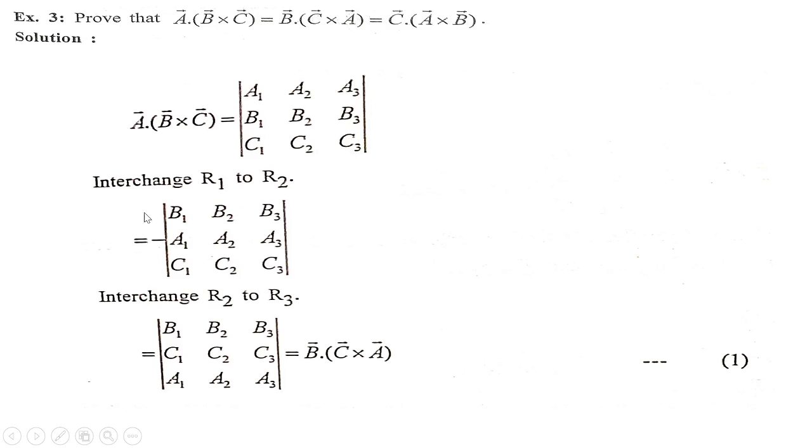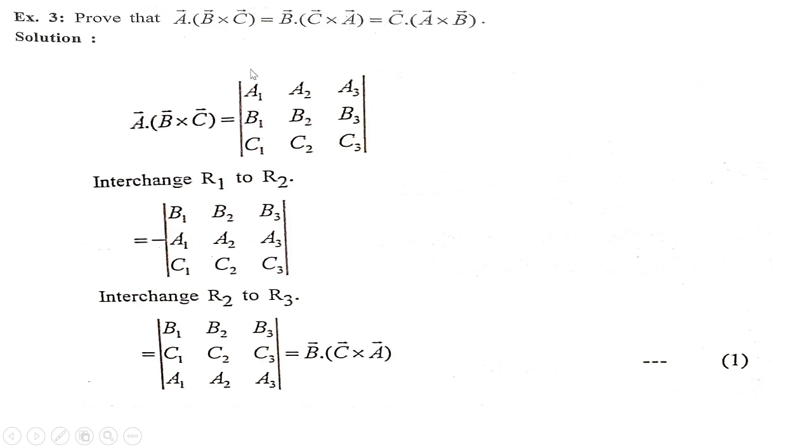So first interchange r1 to r2. Here r1 is the first row, r2 and r3. So interchanging r1 to r2, we get b1 b2 b3 as the first row.